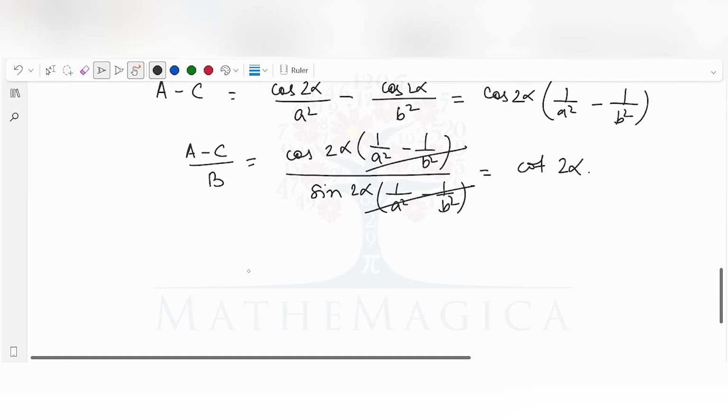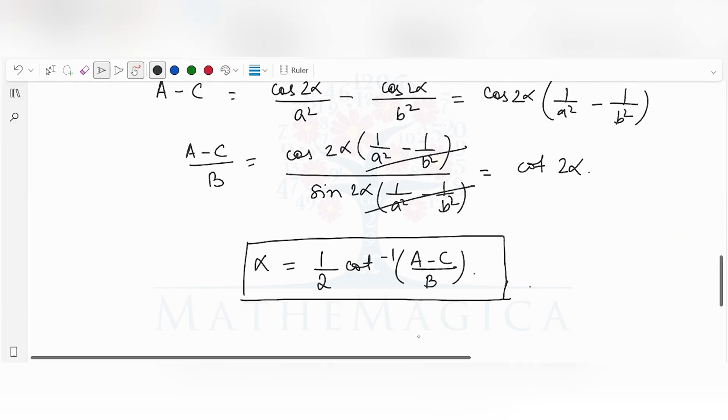So we can further write alpha equal to 1 by 2 cot inverse of (a minus c) by b. So we found the equation of the rotated ellipse, which was rotated through an angle alpha with respect to the xy axes, and also we found the angle alpha in terms of a, b and c.